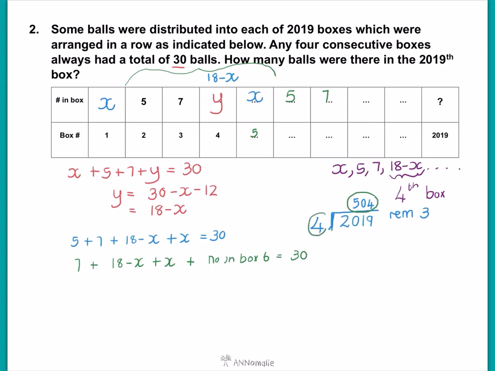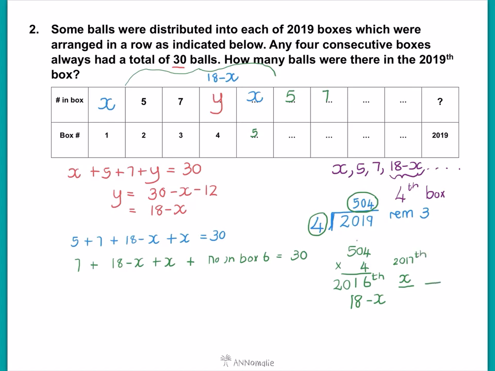This will happen 504 times, and 504 times 4 will get us to the 2016th box. Then in that box there will be 18 minus x balls. In the next box, as the pattern repeats in 4, there will be x balls, and that's in the 2017th box.